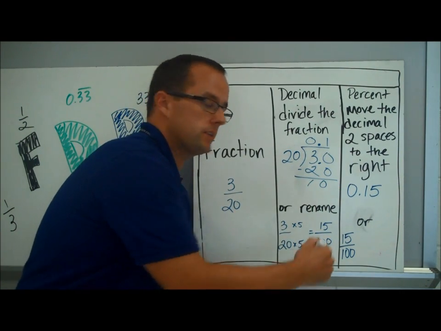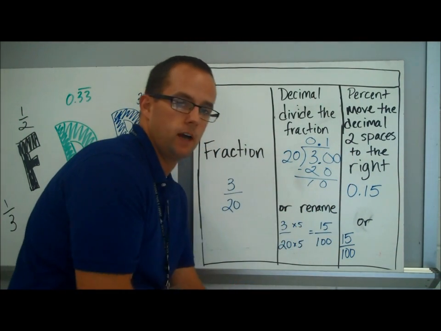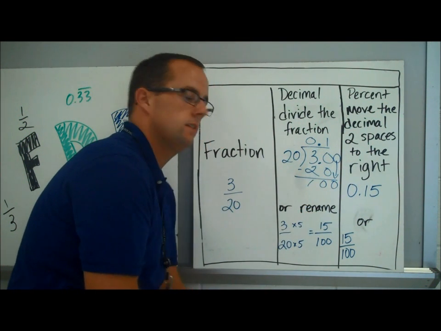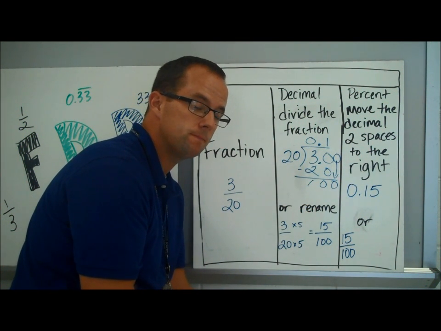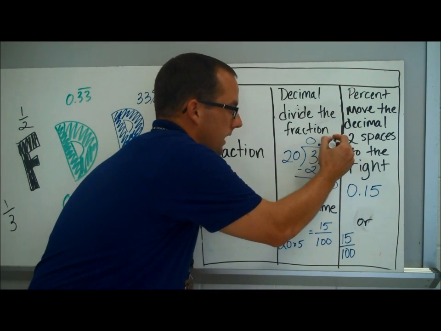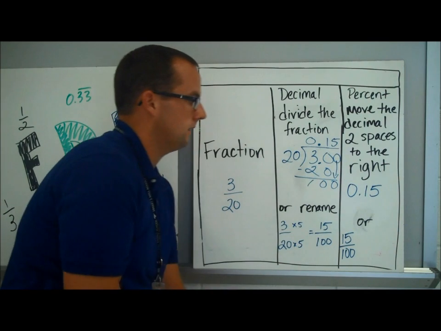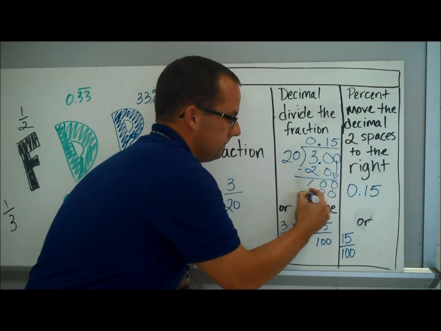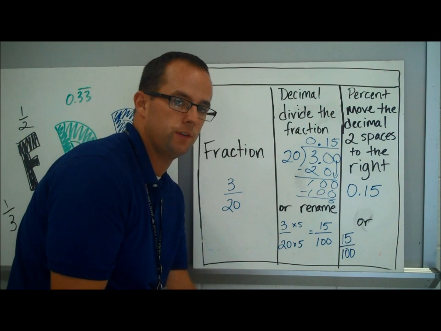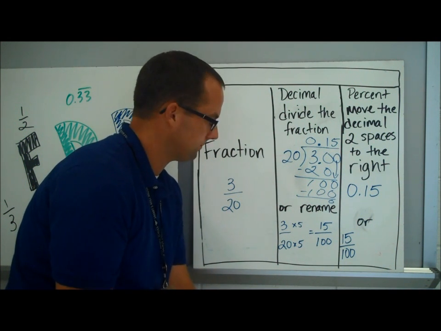And then you keep going until you run out of numbers to divide. So you add another 0, you bring that down. 20 goes into 100. I heard somebody say it. Good. 5 times. Alright, with a 0 remainder. Which means our answer is 0.15 or 15 hundredths.